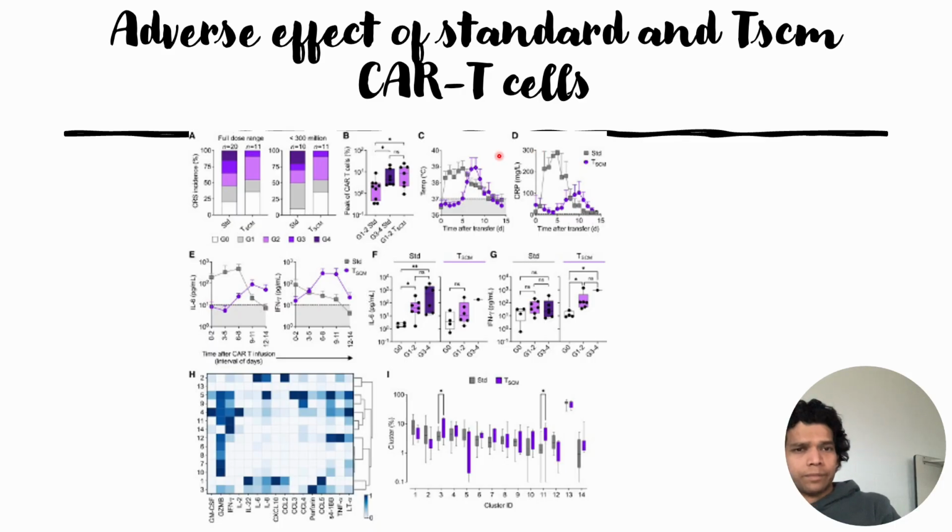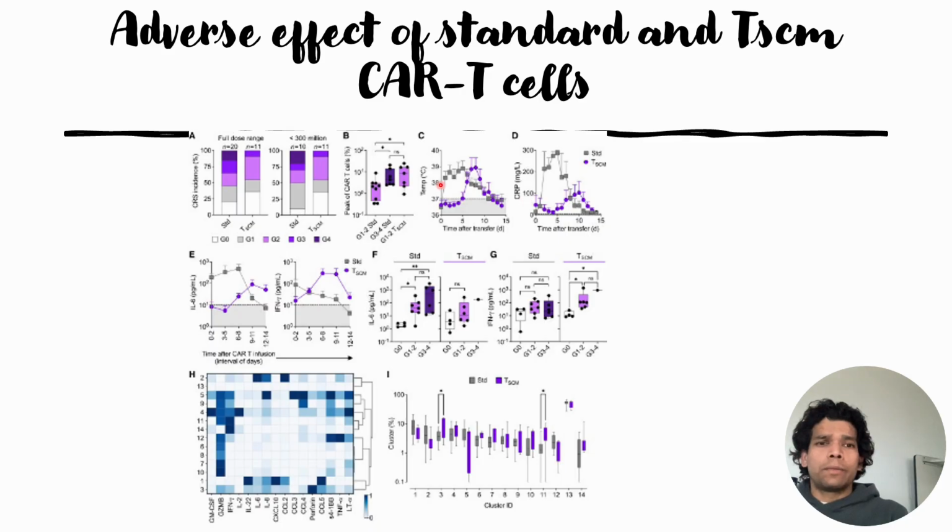Carrying forward, they checked the C-reactive protein to check the adverse effect because of the immunological, inflammation response. To check the adverse effect in terms of the inflammation response, they used this protein, C-reactive protein.